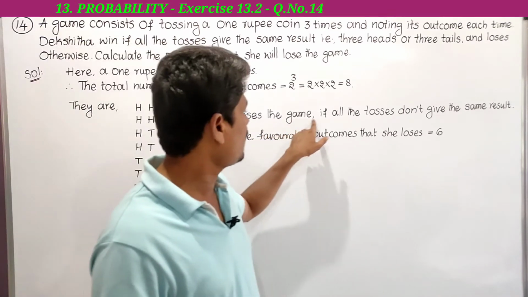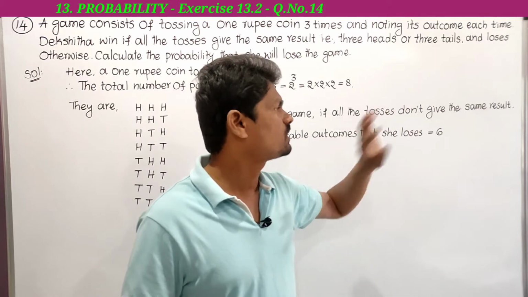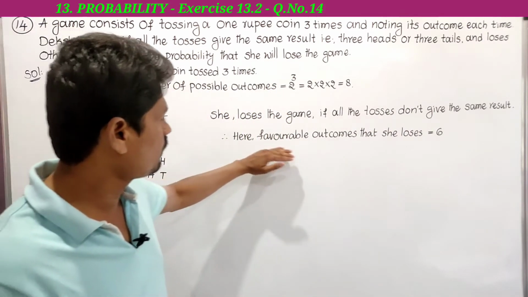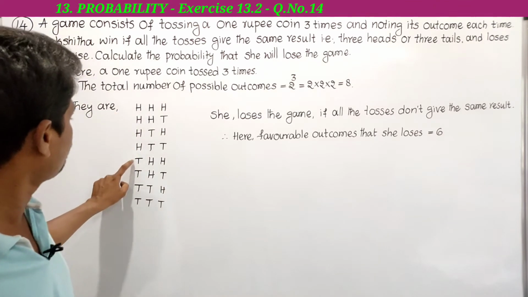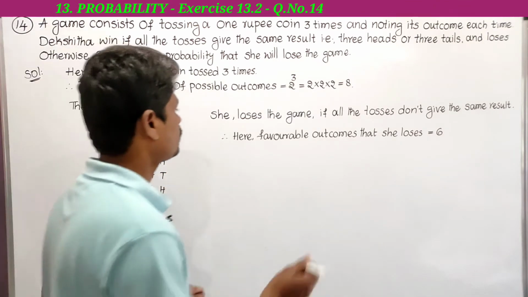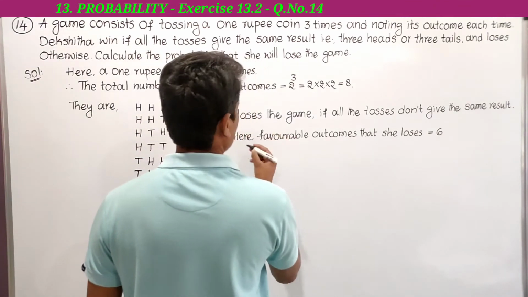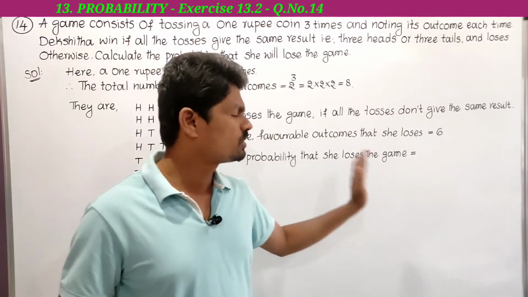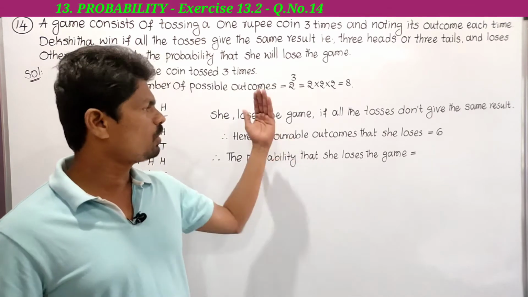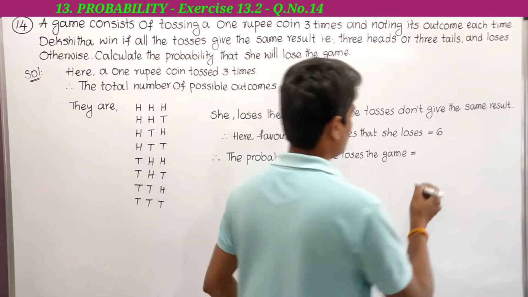She loses the game if all the tosses don't give the same result. So here the favorable outcomes that she loses are 1, 2, 3, 4, 5, 6. Therefore the probability that she loses the game is equal to favorable outcomes by total number of possible outcomes.